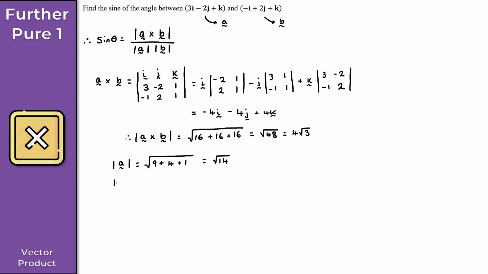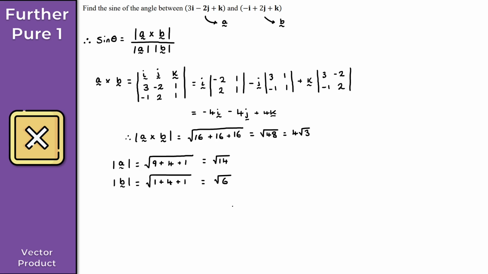Now for the magnitude of the vector B here, again, we get the square root of minus 1 squared plus 2 squared plus 1 squared. So altogether we get 1 plus 4 plus 1, which simplifies to give us the square root of 6. And again, we can't do anything with that, so we'll leave it in that form.